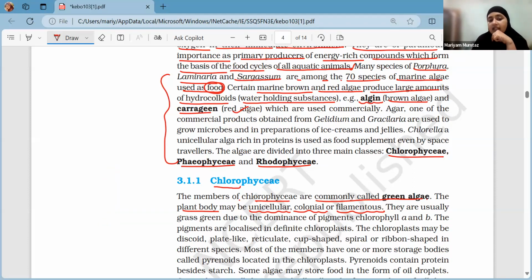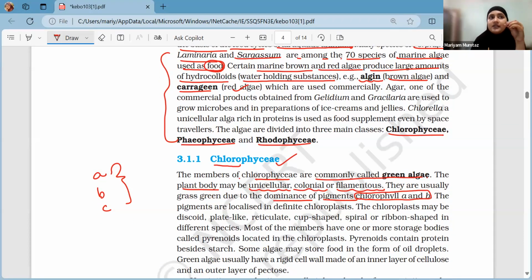Now, they are usually grass green in color due to the dominance of pigments chlorophyll a and chlorophyll b. This is important because chlorophyll is present in a, b, c forms. Which type is present in which type of algae is important to remember. So chlorophyll a and b are present in Chlorophyceae.